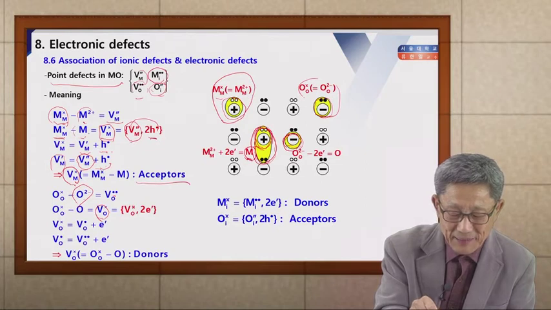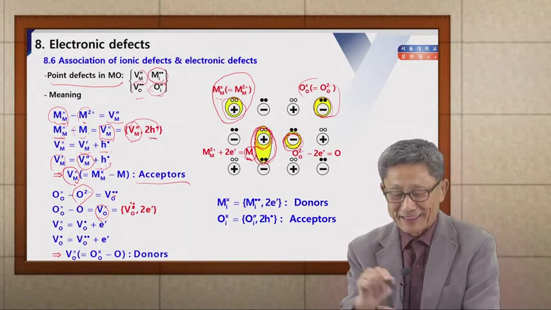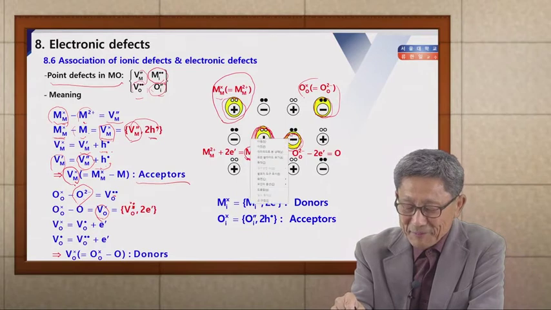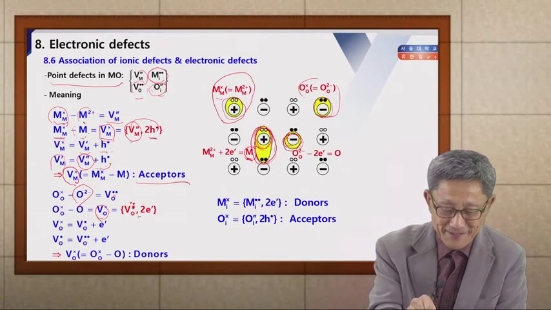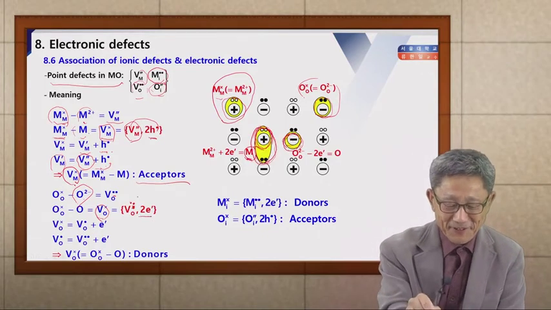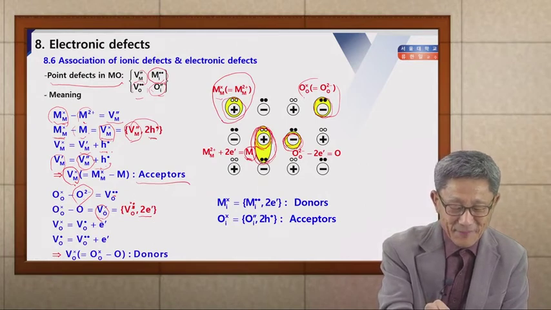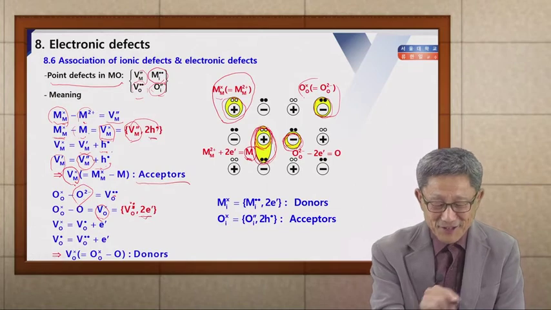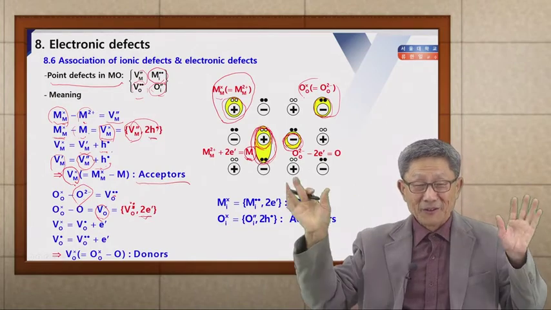Oh, this is a typographic error. It should be 2 dot. Yes, okay, 2 dot. Because you are removing this one first and leaving behind 2 electrons. Therefore, in total, it makes a neutral oxygen vacancy. It has 2 electrons with no owner.